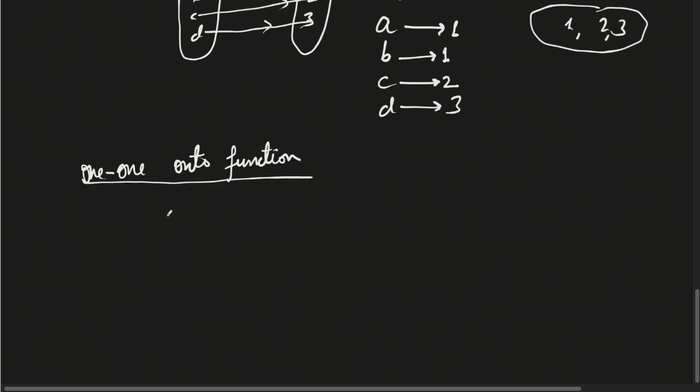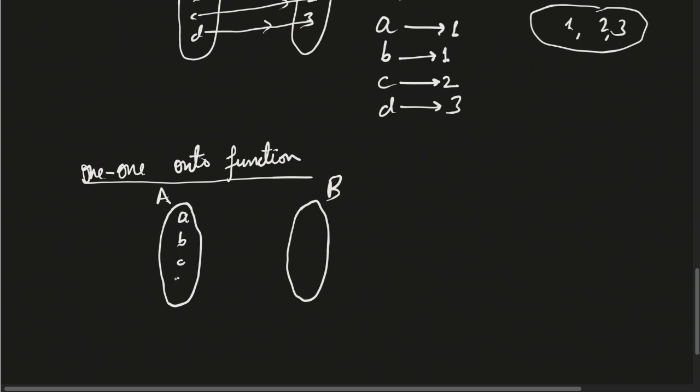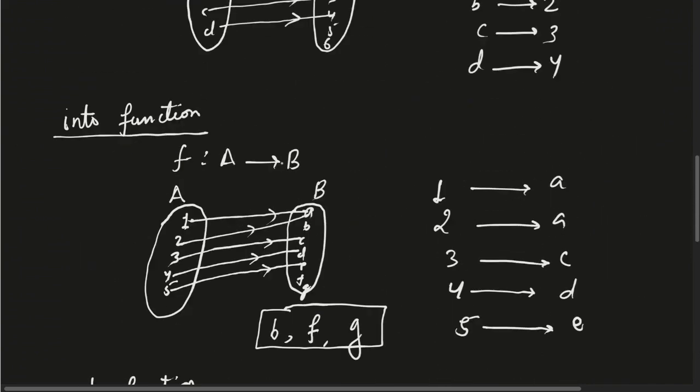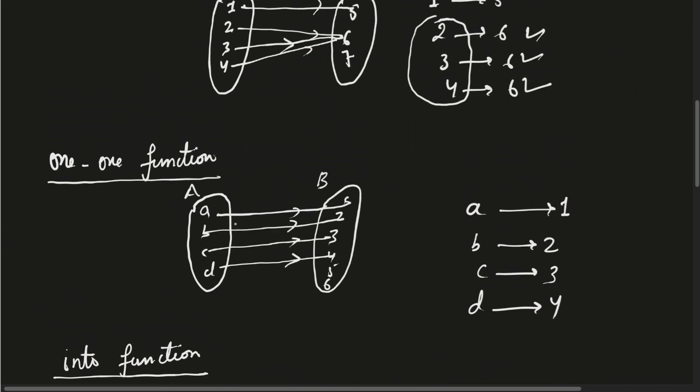So let us draw two sets, set A and set B. Let us represent the elements A, B, C, D, and in set B let the elements be 1, 2, 3, 4. So what is the condition for a function to be 1-1?